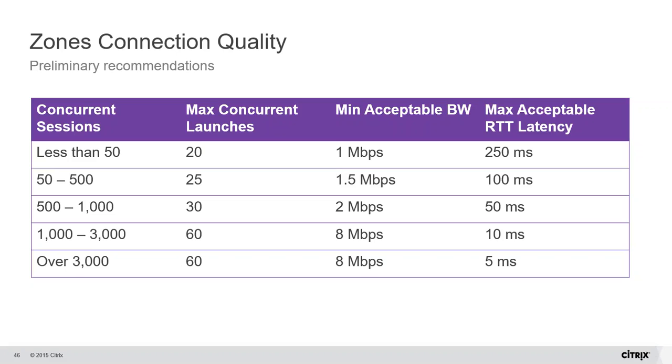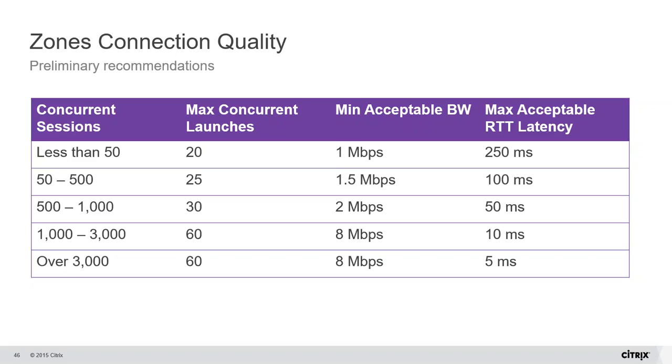Meaning that if I have 60 concurrent launches happening at the same time, and my round-trip latency is 100 milliseconds, every launch is going to take longer than if my latency was 5 milliseconds. If my bandwidth is only 1 megabit per second, it's going to take longer than if my bandwidth is 8 megabits per second, because there's only so much data you can send through the pipe.